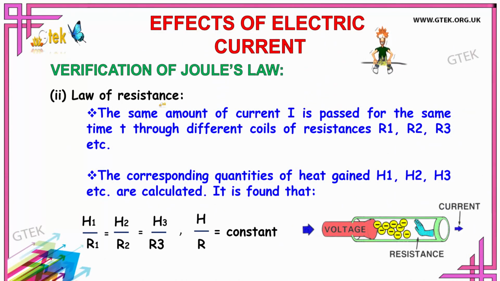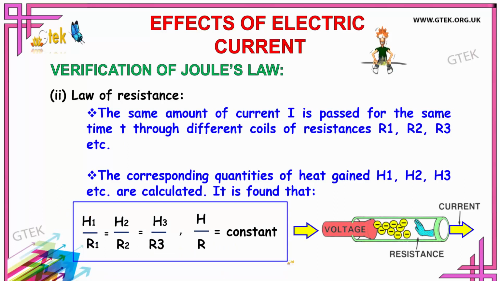Now let us see about the law of resistance. The same amount of current I is passed for the same time t through different coils of resistance R1, R2, R3, etc. The corresponding quantities of heat gained, H1, H2, H3, etc., are calculated. It is found that H1 by R1 is equal to H2 by R2 is equal to H3 by R3.